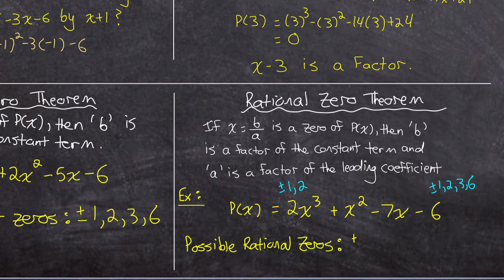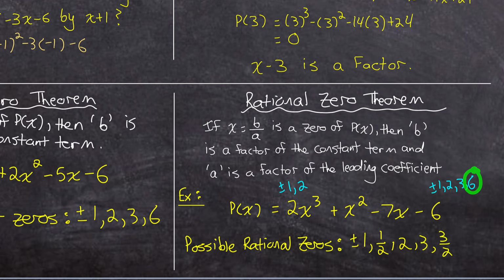So I would have plus or minus. I have to do this 1 divided by both 1 and 2. So I'll have 1 over 1, which is 1, and 1 over 2. Then I need to do this 2 divided by both 1 and 2. 2 divided by 1 is 2, and 2 divided by 2 is 1, but I already have that written here. And then this 3 gets divided by both 1 and 2.